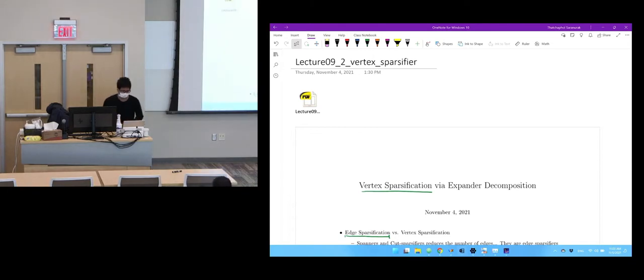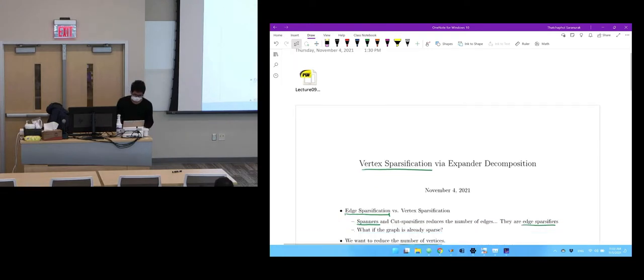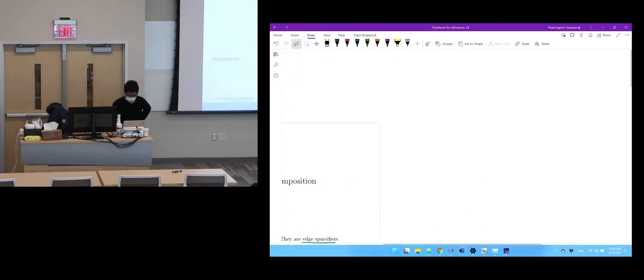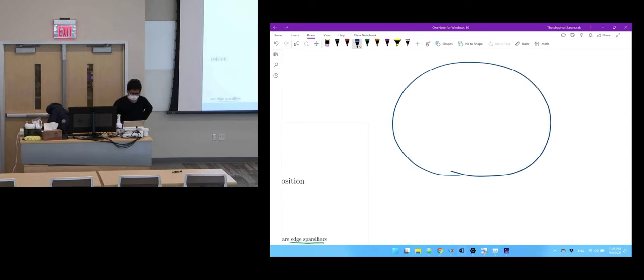Okay, so yesterday we were talking about how to get a deterministic algorithm to compute min cut in the graph, right? Just to recap, intuitively, the idea is super simple.